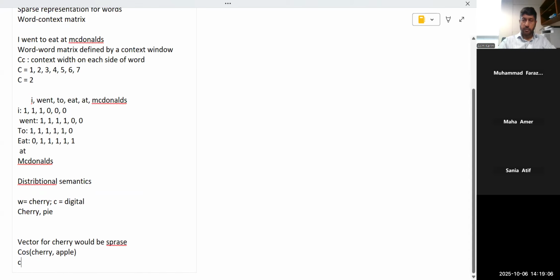And similarly, if you find the cosine for cherry and digital, the first cosine would be much larger than the second, because those two vectors would overlap in a greater way. The vectors for cherry and digital will overlap less as compared to cherry and apple, because they are related. And if you think in terms of embeddings, the point for cherry will be far from digital, and the point for apple will be close to cherry. Of course this is in a vocabulary-sized feature space.